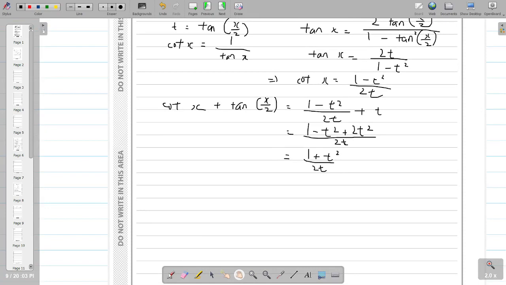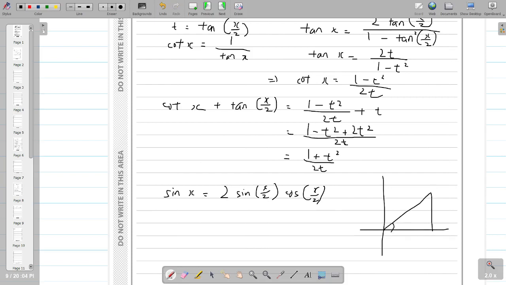Now let's see what we can do. Cosecant of x is just 1 over sine of x. So let's figure out what the sine is in terms of t. So sine of x is simply equal to 2 times sine of this times cosine of this. So we can infer from t being equal to tangent of x over 2, if we look at the unit circle, and we're assuming here that x over 2 is in the first quadrant.